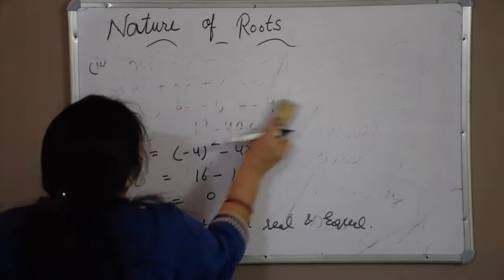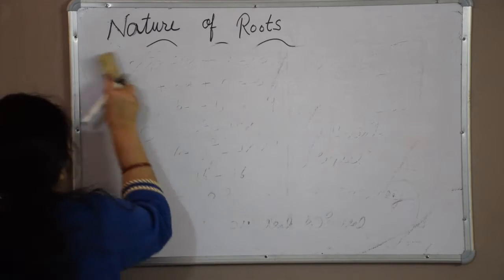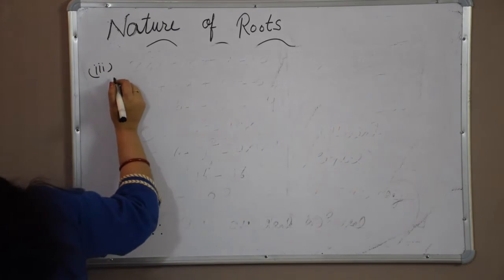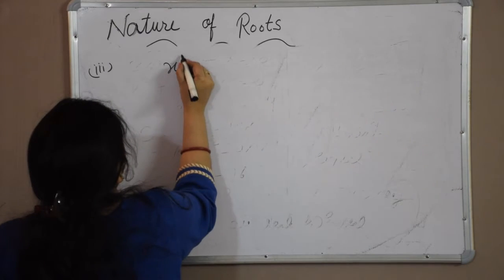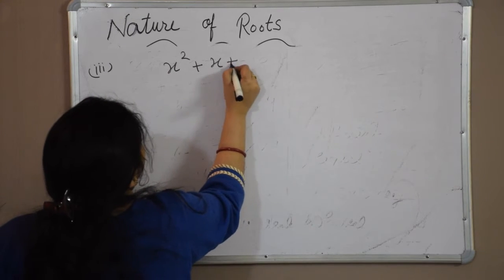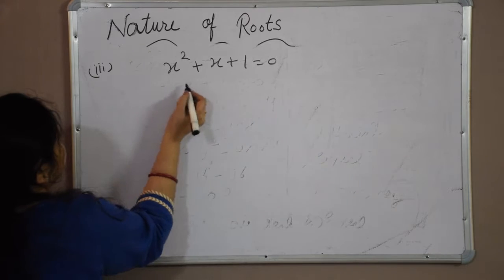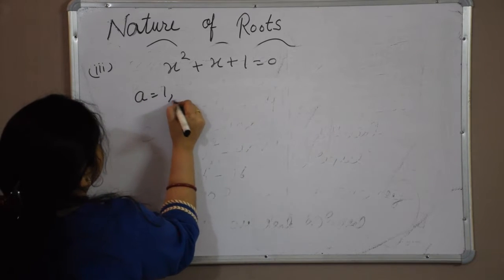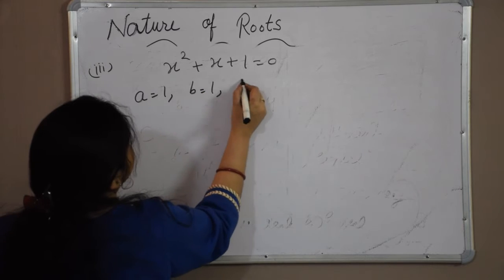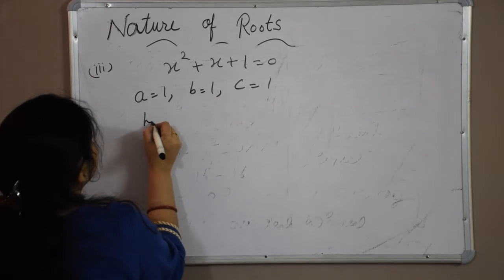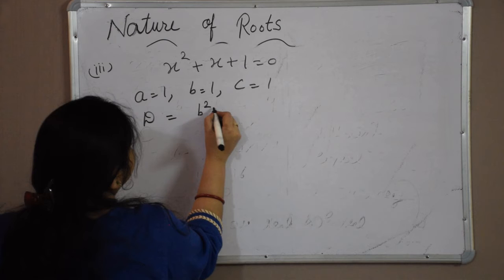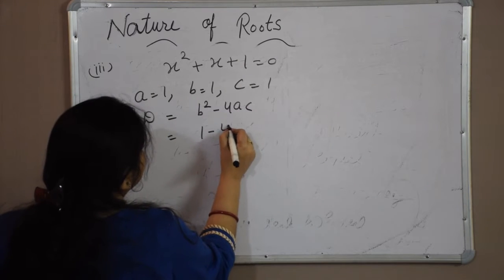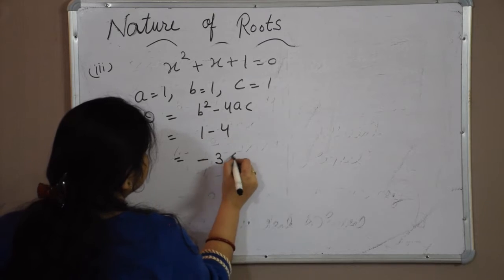Now we will take one more example. x square plus x plus 1, that will make the concept very clear. Compare it with the standard ax square plus bx plus c is equal to 0. We got a is equal to 1, b is equal to 1, c is equal to 1. Therefore, D is equal to b square minus 4ac, that is 1 minus 4, that is equal to minus 3.